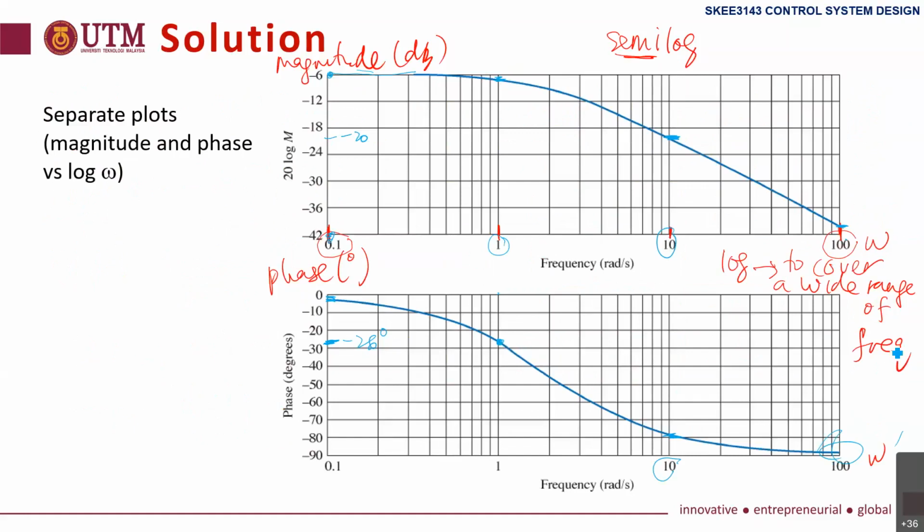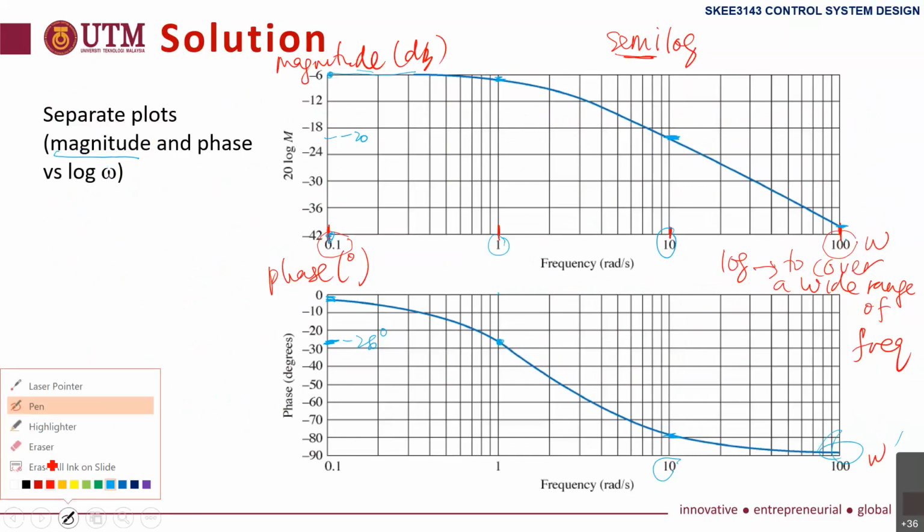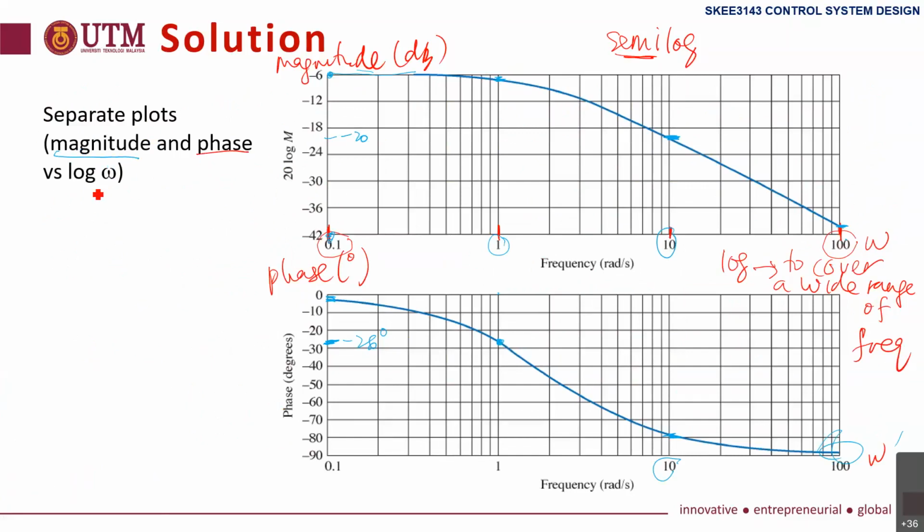This is the first technique to plot, which is a separate plot of magnitude and phase versus log omega. Of course, to get an accurate one, we need all points. To read here, this is 0.1, 0.2, 0.3, up to 1.